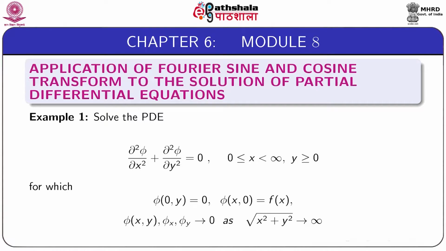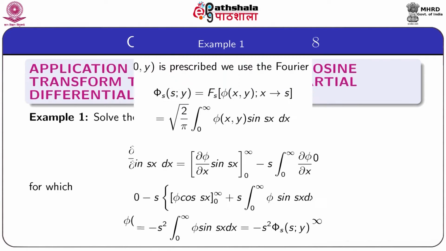Here small f(x) is a known function whose Fourier transform exists. So we shall solve this partial differential equation. Since the range of x is from 0 to infinity, we have to use either Fourier sine transform or Fourier cosine transform to solve this Laplace equation.